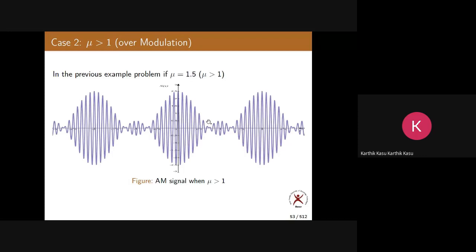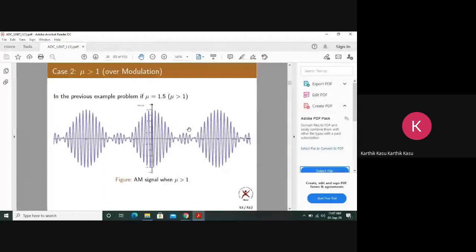Now, what is the difference between this AM signal and the previous AM signal? We find distortions. Okay, what distortion?